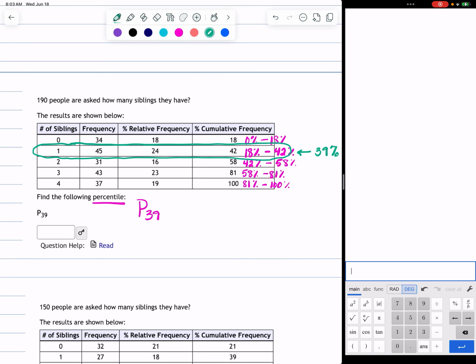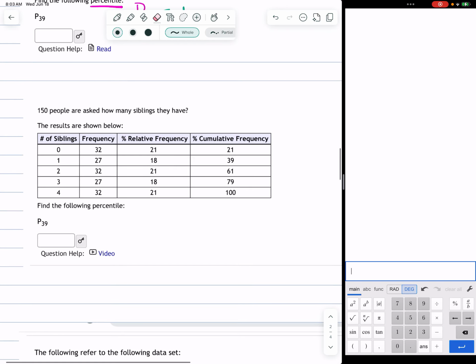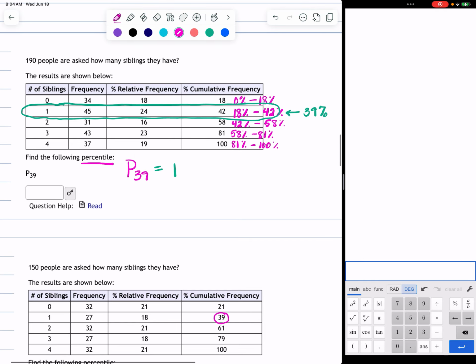That means P39 is 1. This one is a little bit different because you can see that 39 actually shows up on the table, where before we had to go find the 39.